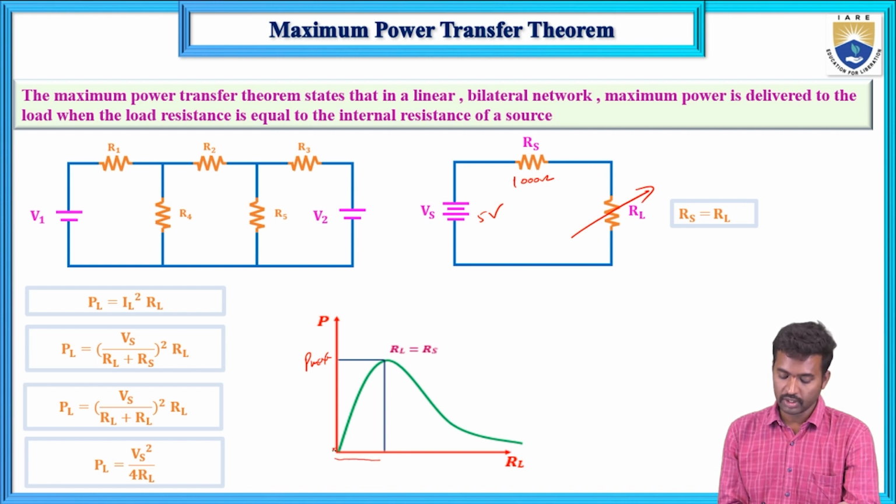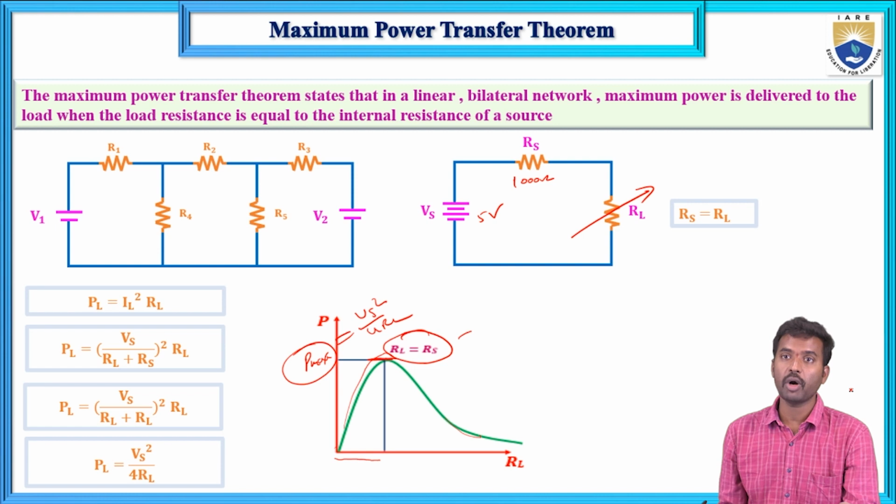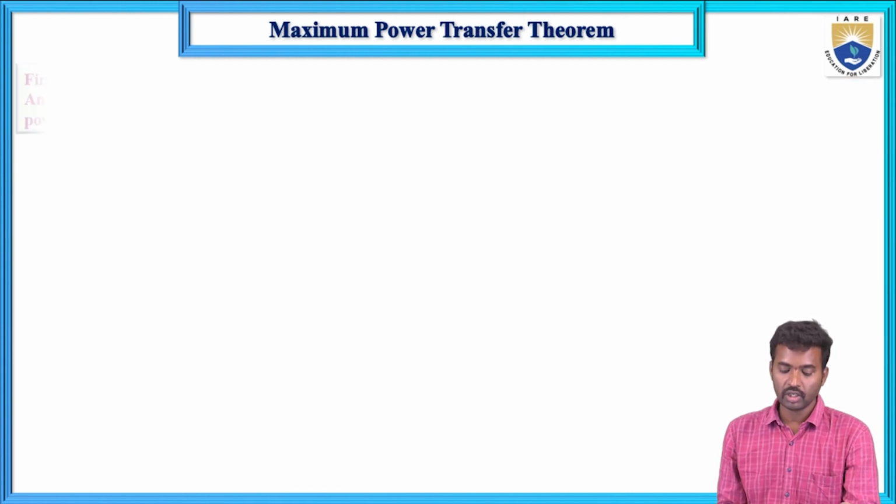When load resistance equals source resistance, the power is maximum, equal to Vs square by 4RL, and above 1000 the power decreases. Even if you increase the resistance value, the power decreases. Maximum power occurs only when load resistance equals source resistance. This is the condition.